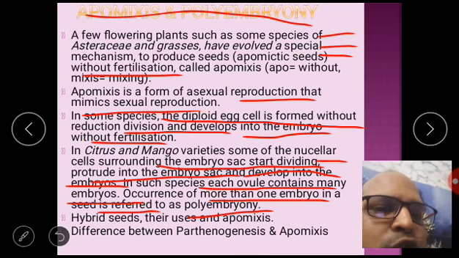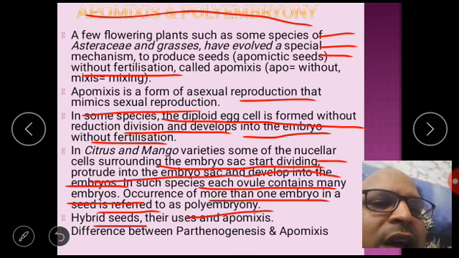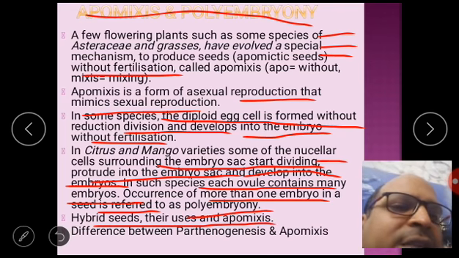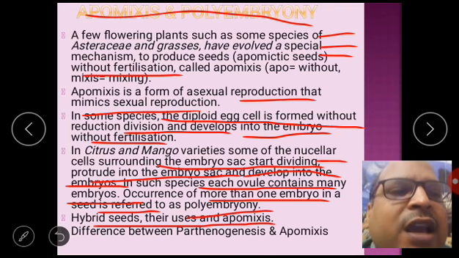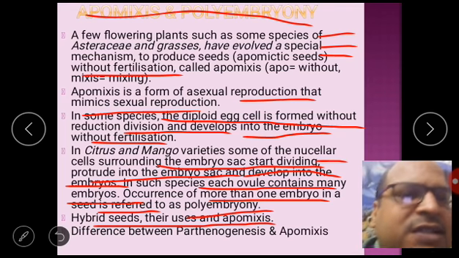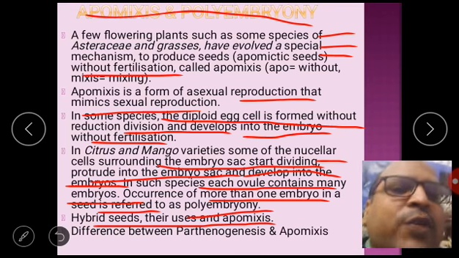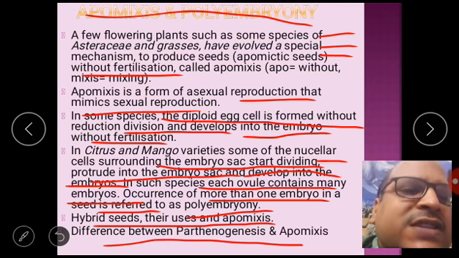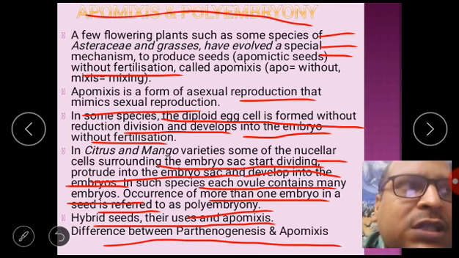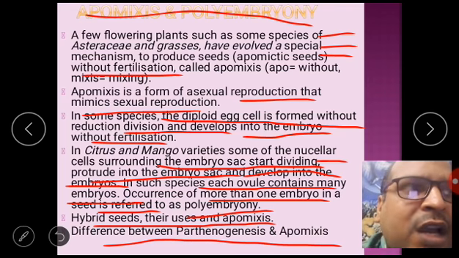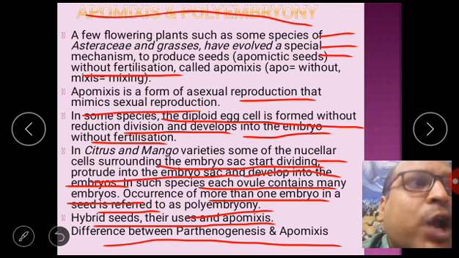Now, these two processes are involved in the production of hybrid seeds. What do you mean by hybrid seeds? A little bit I have already told when I was dealing with artificial hybridization, so that is sufficient here. Now, what is the difference between parthenogenesis and apomixis? In parthenogenesis, the egg cell is haploid and the male gamete is not involved.